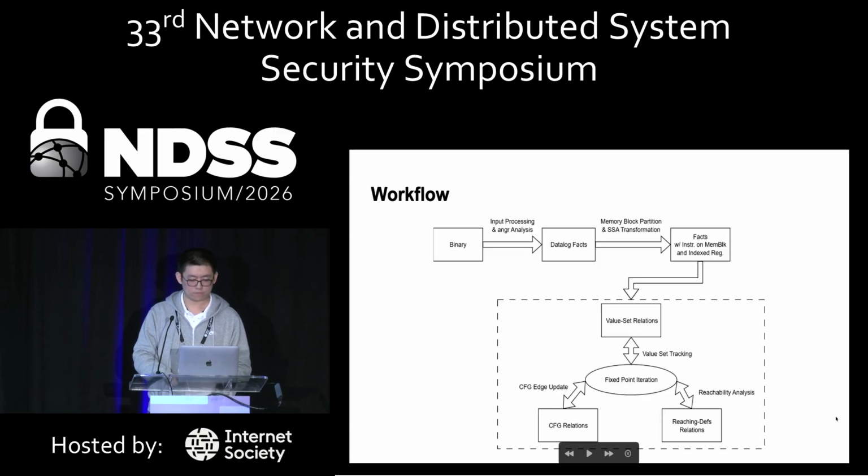This is the workflow of BPA-X. It starts from a binary and uses angr, like CFGFast and VexIR lifting, to produce Datalog facts. In our implementation, we use Datalog Souffle to implement this value set analysis, so it's all based on Datalog facts. Then it partitions the memory into memory blocks and also performs register SSA transformation, so we get more facts about instructions, memory blocks, and index registers.